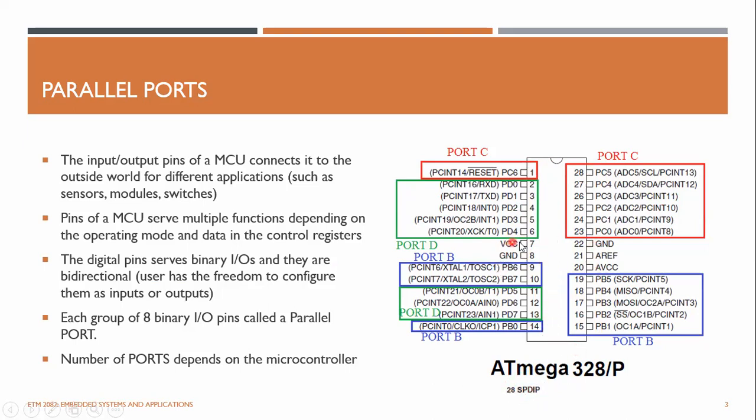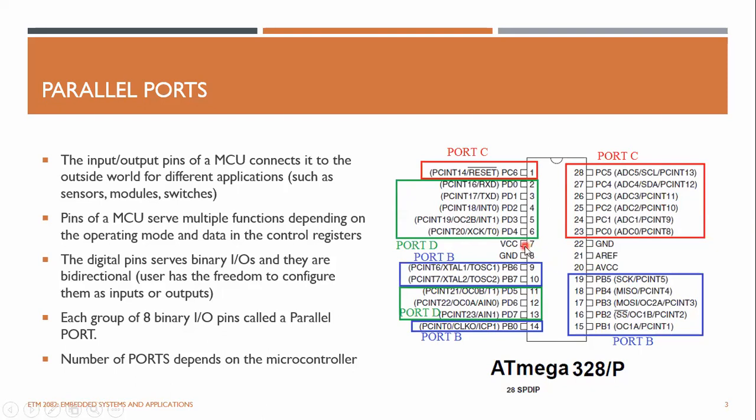4 of them are dedicated to power supply. This is VCC. You should connect it to the 5-volt power supply, and ground is connected to the negative of the 5-volt power supply. And here is another ground for the analog ground, and AVCC is the analog supply voltage.